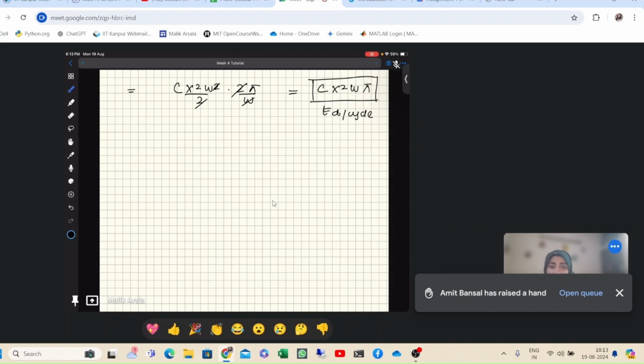Yes, Amit. Ma'am, in the video lecture, the sir has derived this formula with multiplication of sine phi also. Yeah, that I'm telling it is wrong because sir has not derived it. If you see, sir derived energy input per cycle, and that was correct.